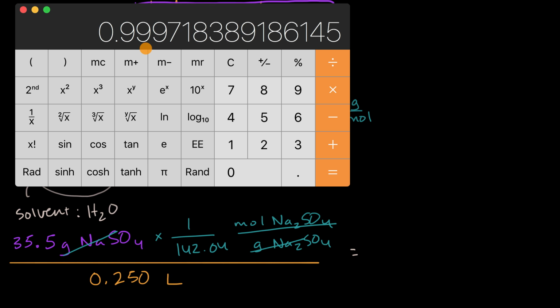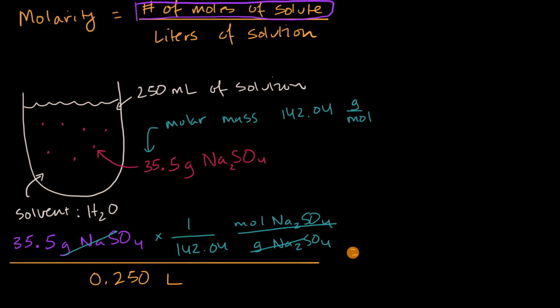Then we can think about how many significant figures we have. We have 3 over here, we have 5 over here, and we have 3 over here. So I would say that we have 3 significant figures, and so we would round this rightmost 9 right over here. If we round that up, we get 1.00 if we go to 3 significant figures.